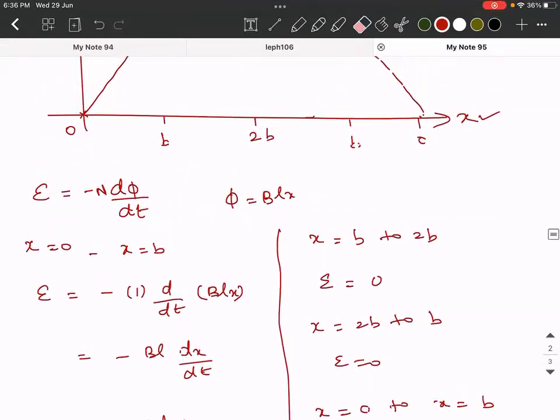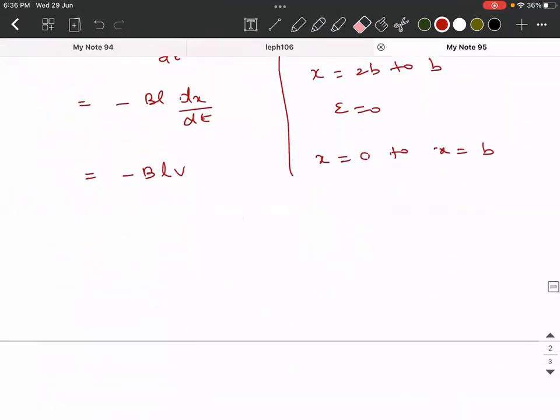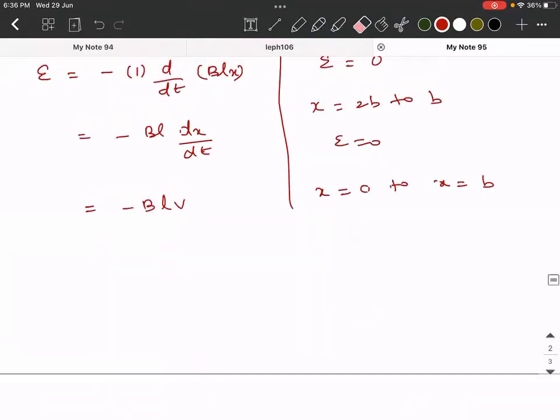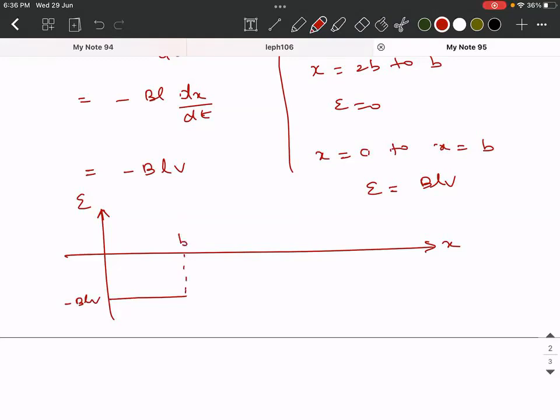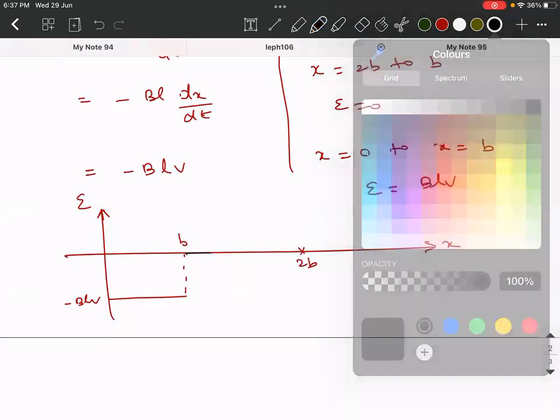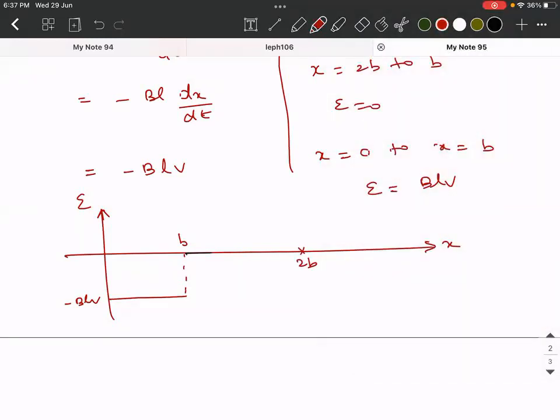So EMF is 0. So here EMF will be equal to B into L into V, right? So when you try to plot the graph between EMF and displacement, EMF is minus BLb from 0 to b, and from b to 2b it is 0, and from 2b to b again it is constant.